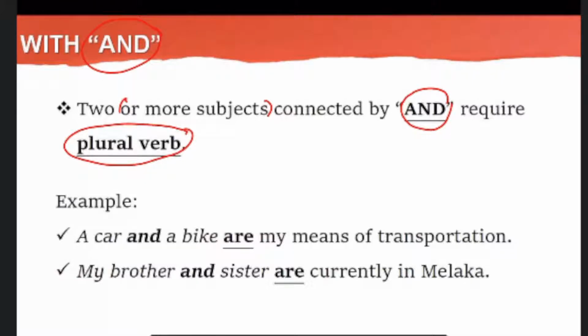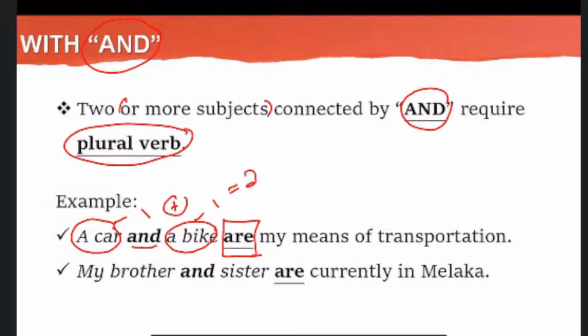Let's have a look at the example. A car, this will be 1, and a bike, this will be another one. So 1 plus 1 equals 2. So when there are two subjects, we use a plural verb. The plural verb for plural subject will be are.